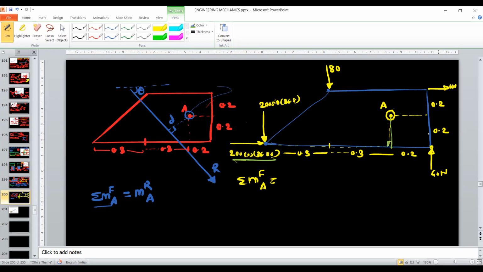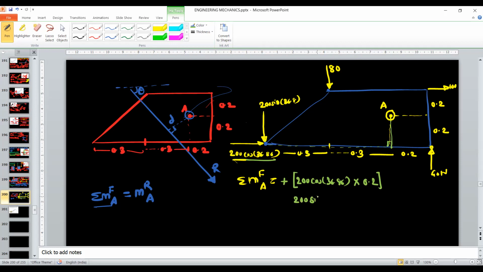So distance is 0.2 meter and force is 200 cos 36.86 into 0.2 meter. Now this moment is anti-clockwise about the point A, so it is positive.